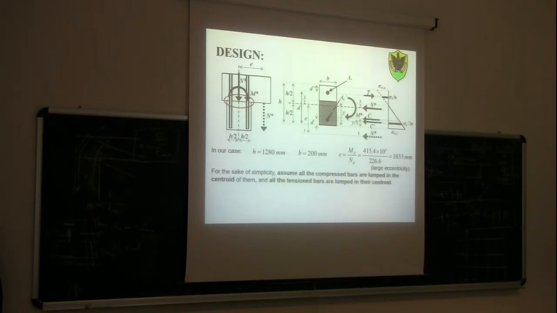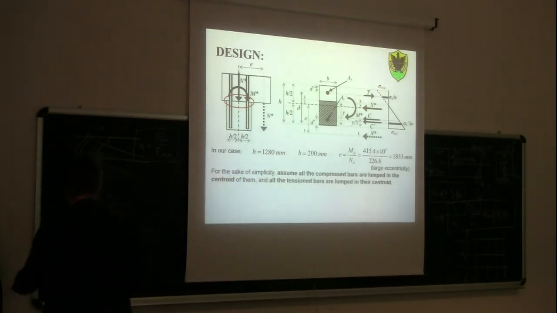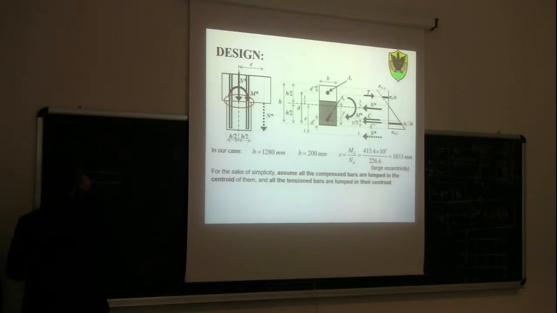Now, if you remember, in our cross section, we had a situation like this. If we draw the cross section of the column, it is something like this, with, as we said, 4 bars in tension and 4 bars in compression.